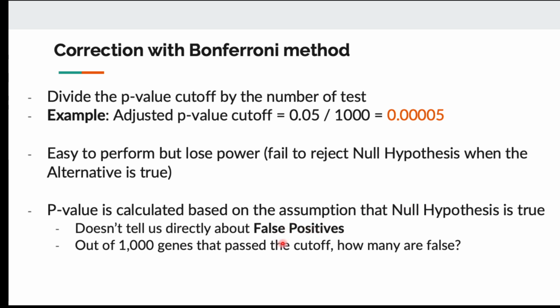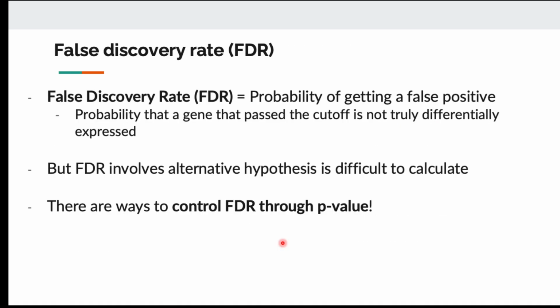So we want something that gives us a more direct control of how many false positives we are getting. And we have something called the false discovery rate. The false discovery rate is the proportion of false positives, so it's very direct. Let's say your false discovery rate is 0.05, or 5%.